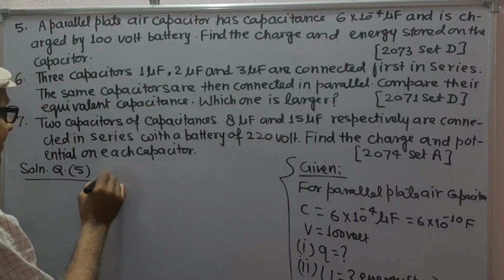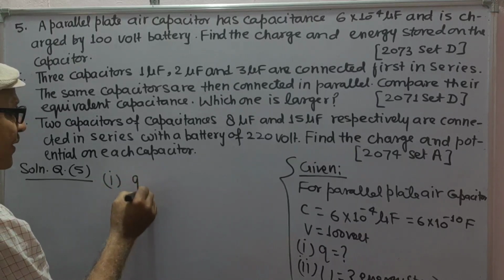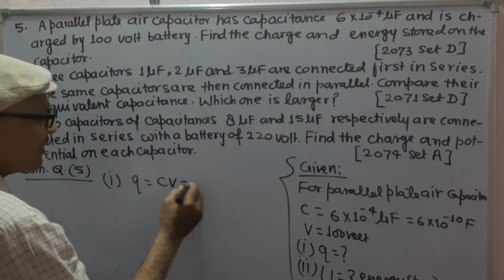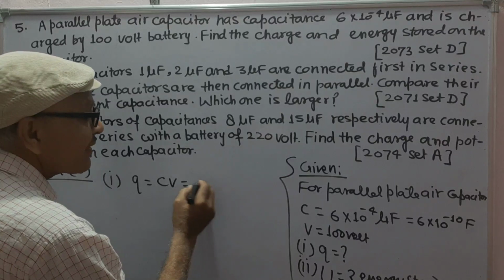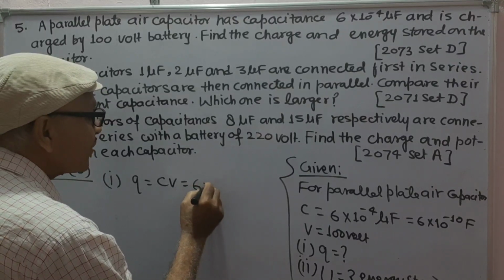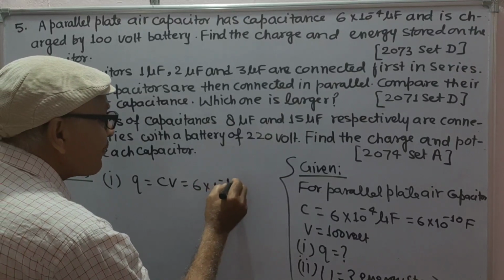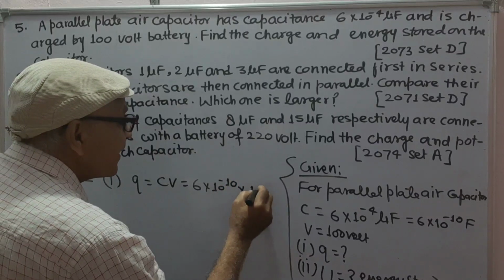So first, Q is equal to CV gives the charge on the capacitor. C is 6 into 10 to minus 10 and V is 100.